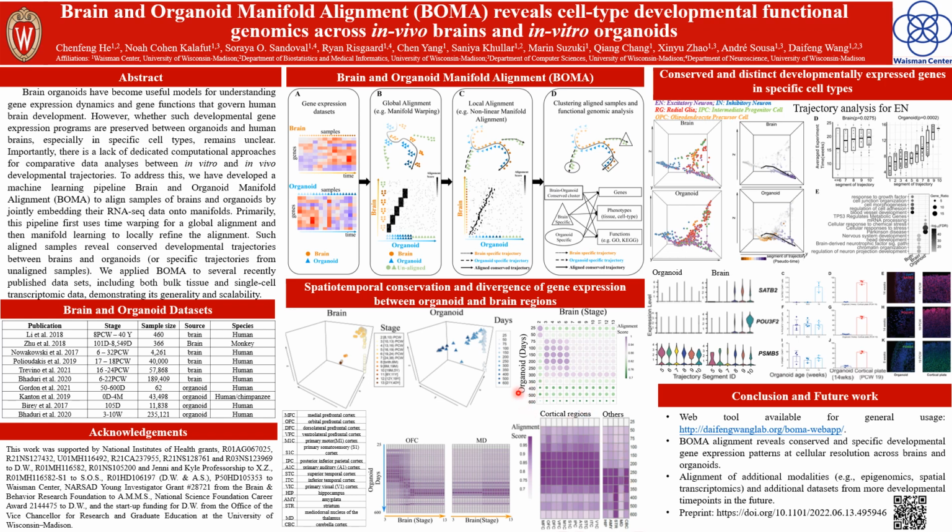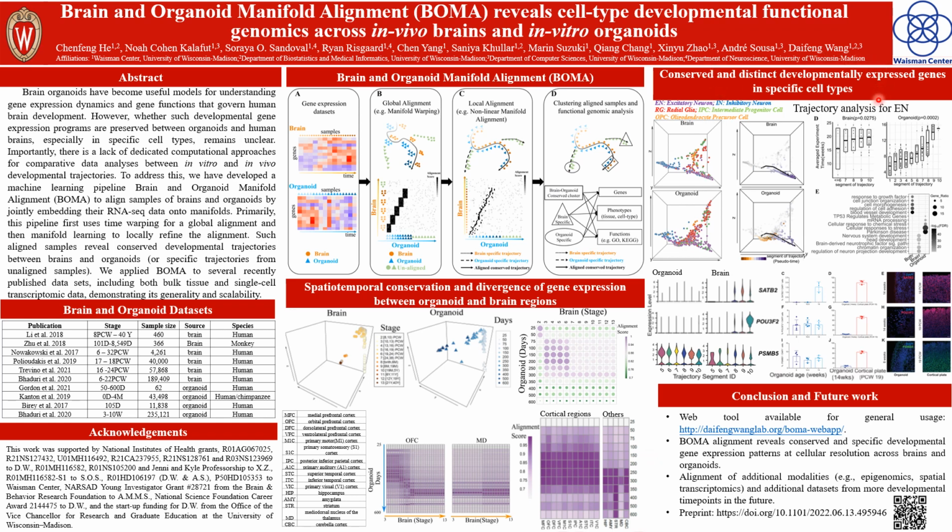However, within the cortical region itself, the different subregions also show some differences when aligning to the organoids, especially at early time points, earlier than 100 days. So this indicates that the organoids are mimicking brain development not the same across all the different subregions.